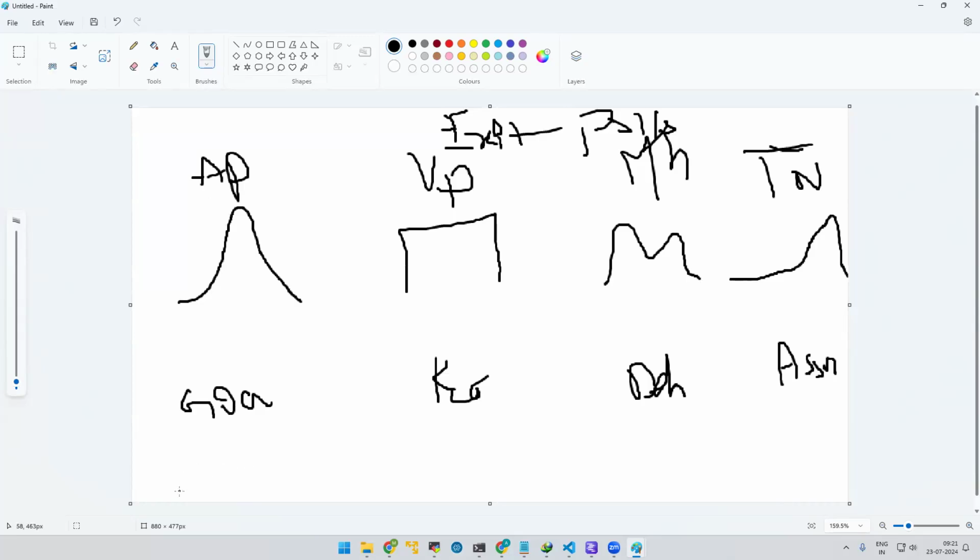In this case, it is going to be something like this. I hope you got the point, right? So almost like uniform, and it's going to be like this in this distribution. So if we plot a distribution graph for each of these states, we may get different sets of distributions, right? It need not be the same.